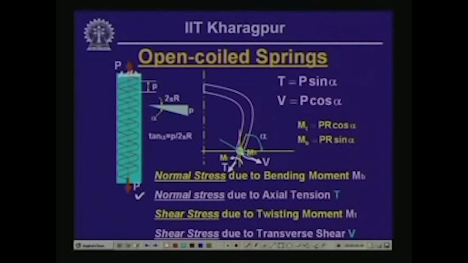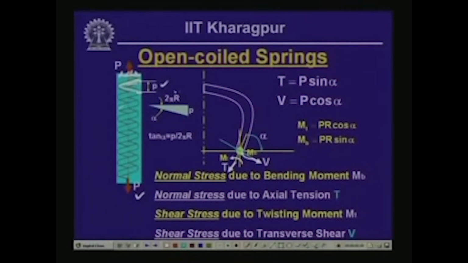Now, we define these are the helix of this spring, and we define this distance between the two helix as p. Now, if they are in the same plane, then if r is the mean radius of this spring, the length of this particular plane will be twice pi r.